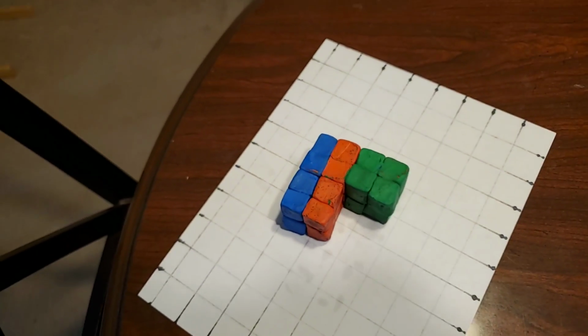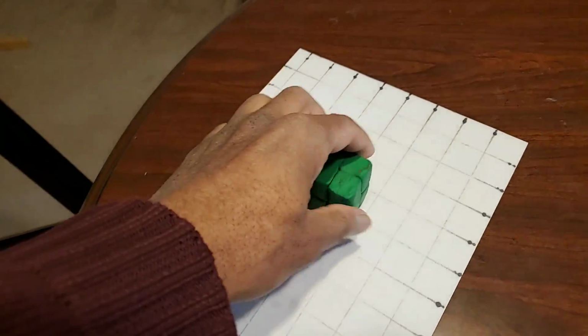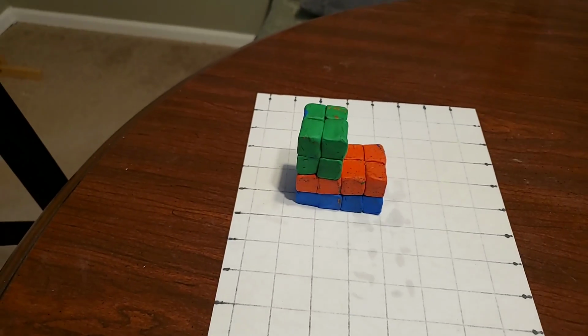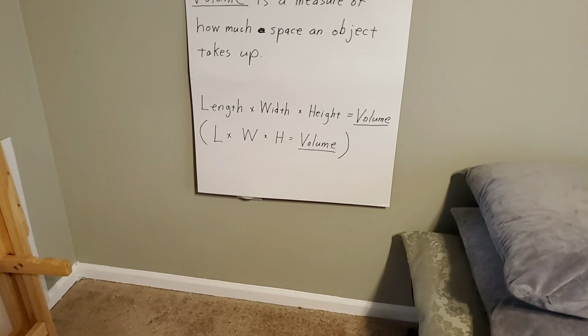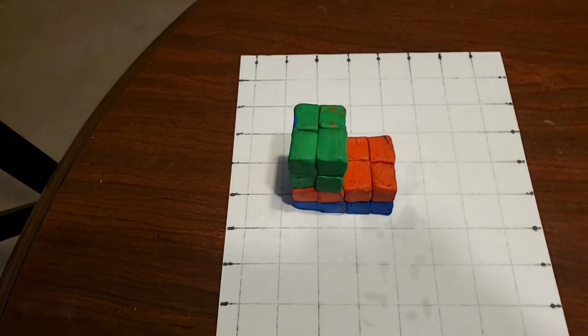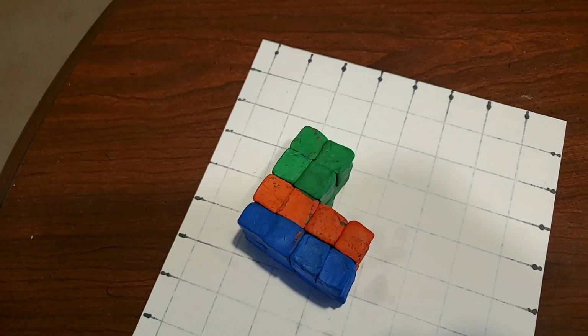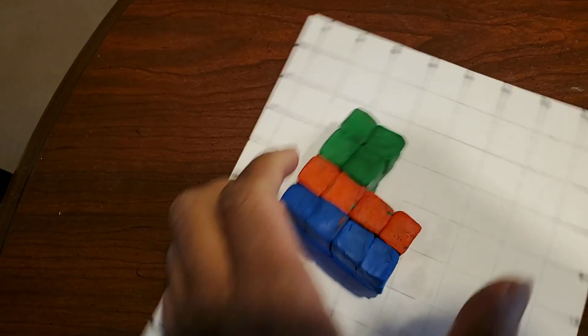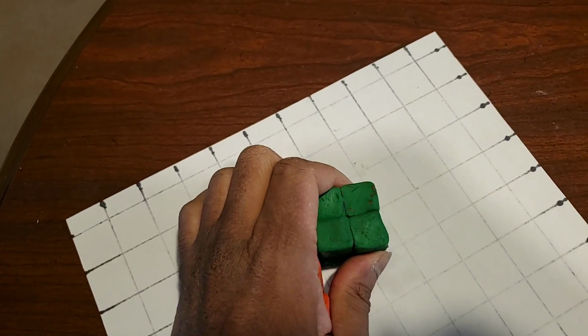So what we can do is this. Since we cannot measure the volume using the regular formula that we use for finding a rectangular prism, and since there are 2 rectangular prisms, we're going to break it apart.